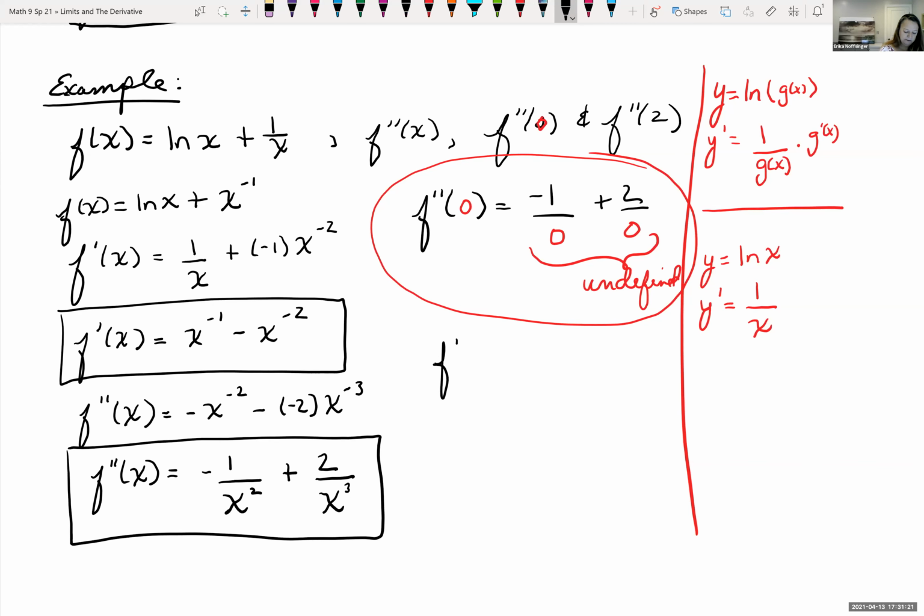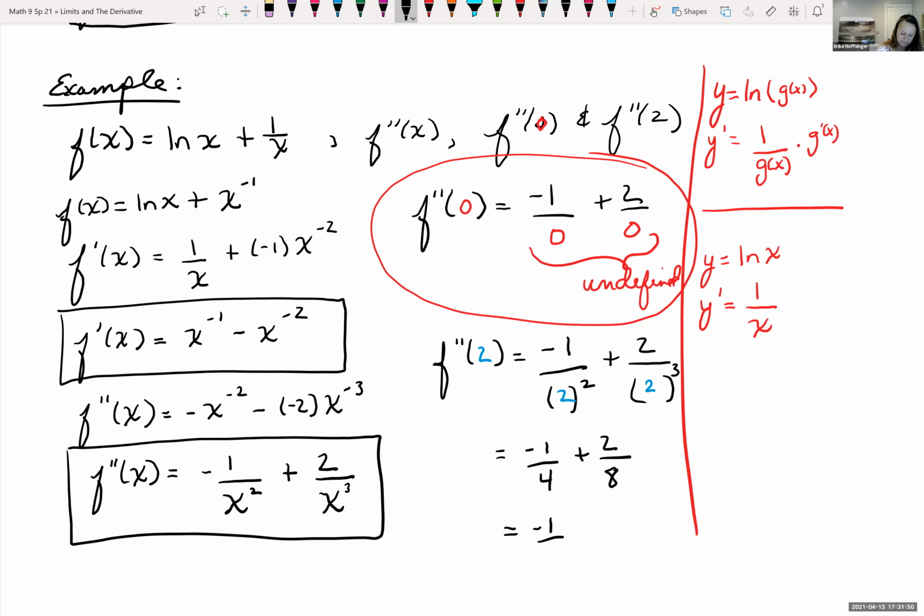The second derivative, though, evaluated at 2, this would equal negative 1 all over this 2 squared plus 2 all over 2 cubed. So we get negative 1 over 4, 2 squared is 4, plus 2 all over 2 cubed is 8.